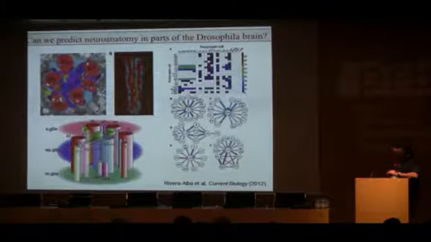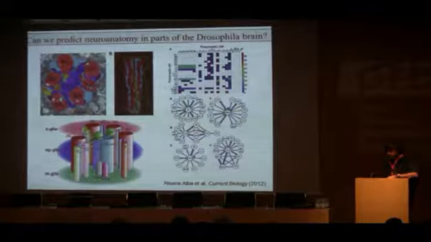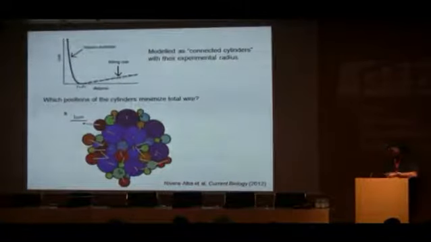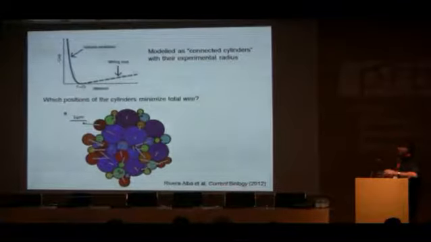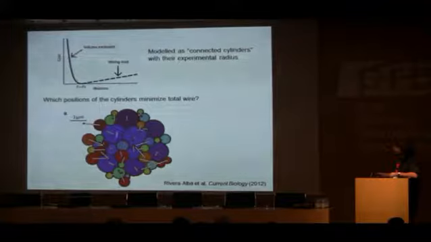And then if you want to do what I showed before in the case of C. elegans, but in the case of Drosophila, you will model them like before, but you have a problem. Now, if you look at the neurons, some of the cylinders are quite thick, and others are much thinner. So you need to model also the size.